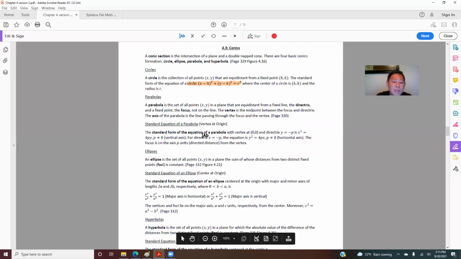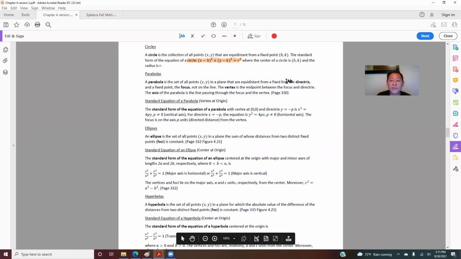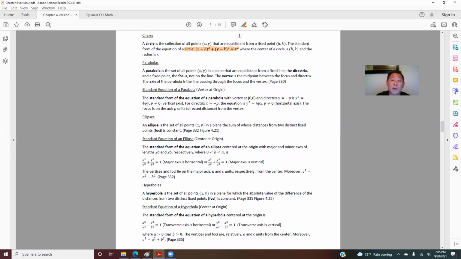So the standard equation of the parabola is given by this formula. Again, you do not need to memorize this. It's on that piece of paper, 4.4. So this is the equation of a parabola where your directrix is y equals negative p. That means x squared equals 4py has a vertical axis. What does it mean when I say it has a vertical axis?